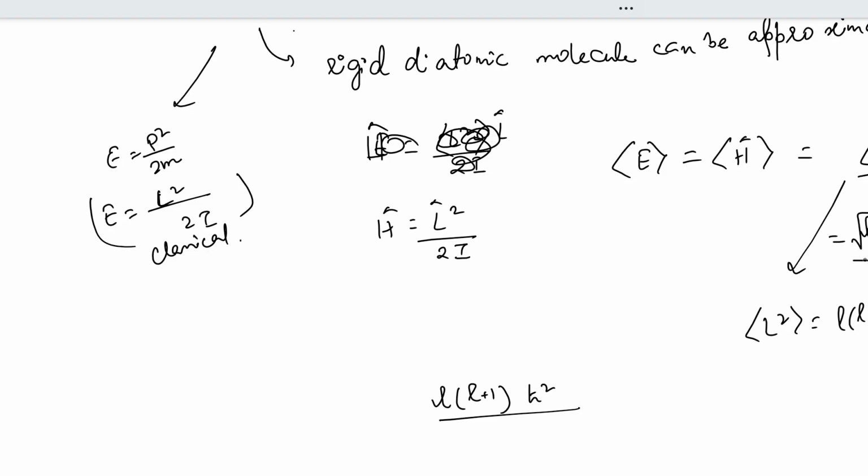So here it will be L into L plus 1 h cut square divided by 2 into I. This is the eigenvalue for the quantum mechanical case from this Hamiltonian operator.